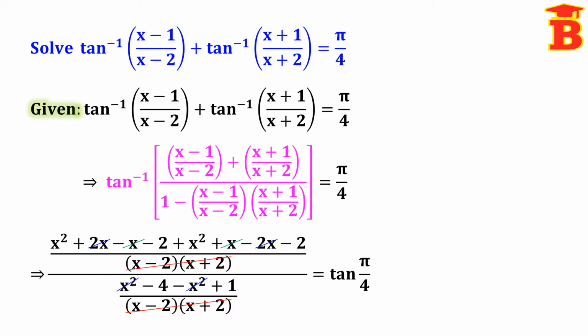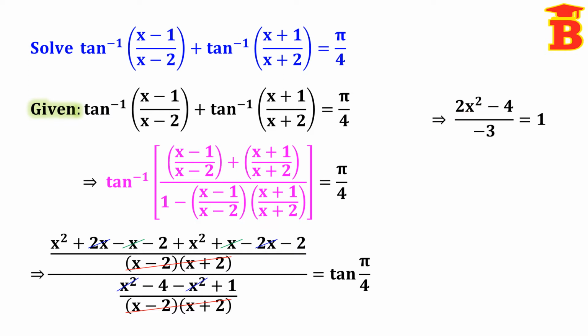We can cancel the denominator, and so we get numerators only, that is x square plus x square, 2x square. 2x minus 2x cancelled, minus x plus x cancelled. This is minus 2 minus 2, we get minus 4.